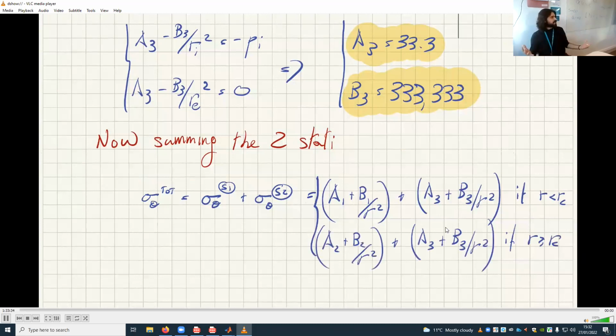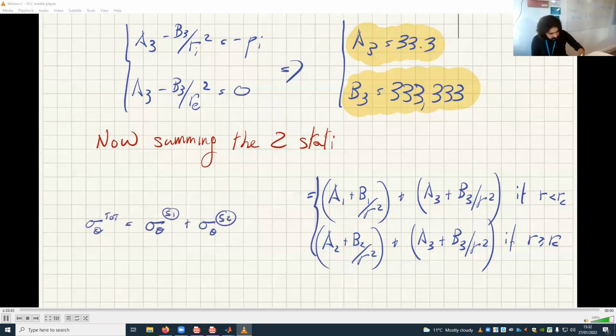And that's where the jump comes from. It's the fact that we have two different definitions for the same function, depending on where you are. You see this sigma theta total equals this piecewise.